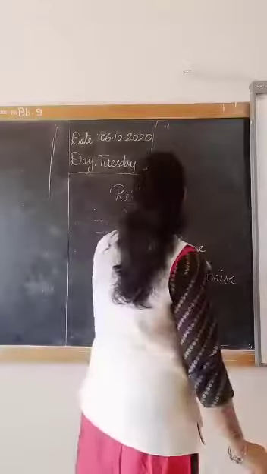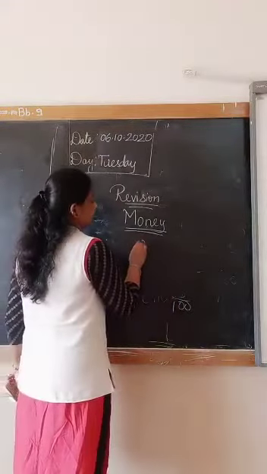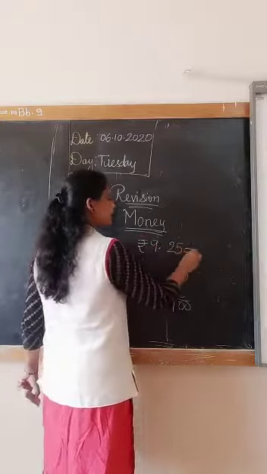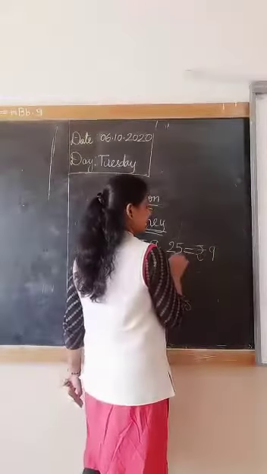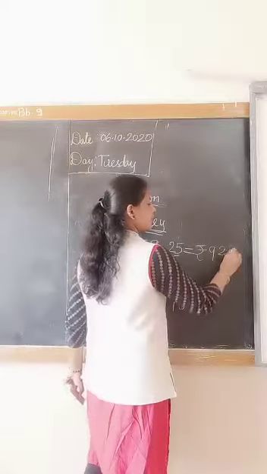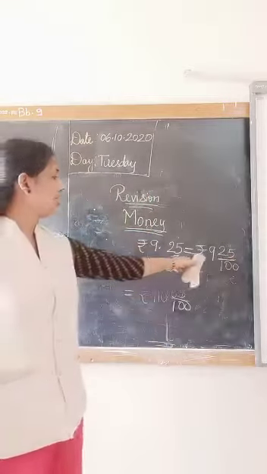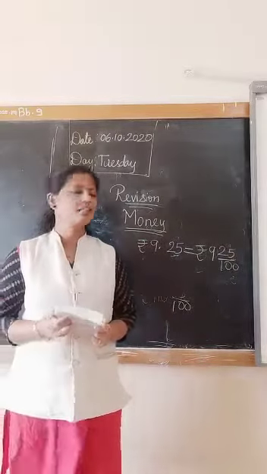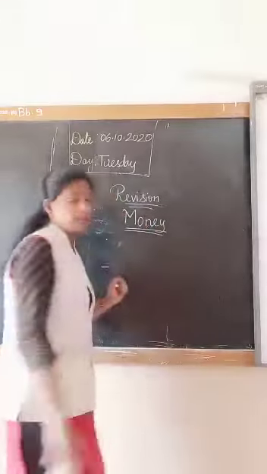I'll give you one more example: rupees 9.25. How to write it as a mixed number? Rupees 9, and 25 you have to write as 25 by 100. Am I clear? So this is called a mixed number. This is what you have on the first page of the money chapter.